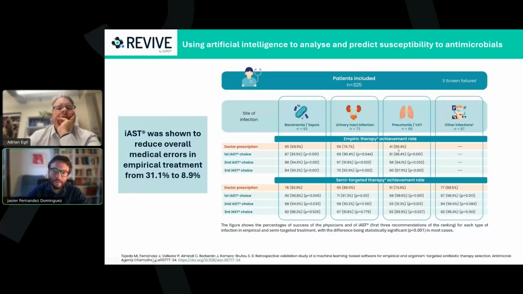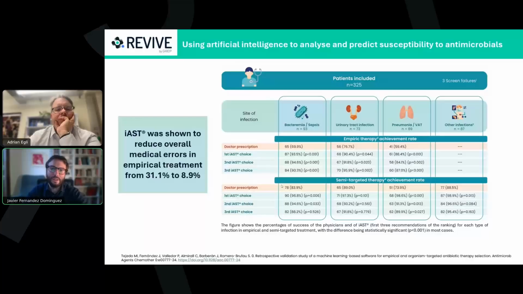And here below, you can see the percentage of accuracy of the software. The first recommendation of the software, the second and the third, always have an accuracy higher than 90%, 93%, etc. Here in the bottom of the graph, you can see the accuracy of the doctor once the bacteria is identified, but we don't have results of antimicrobial susceptibility testing.